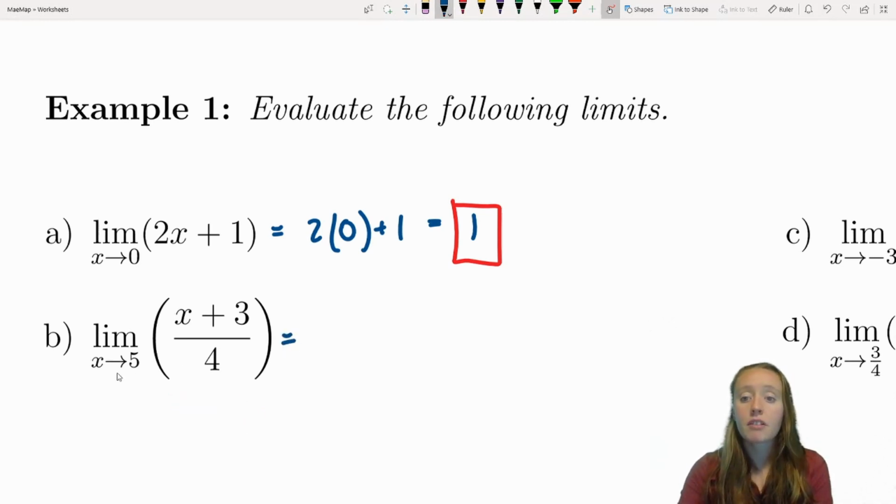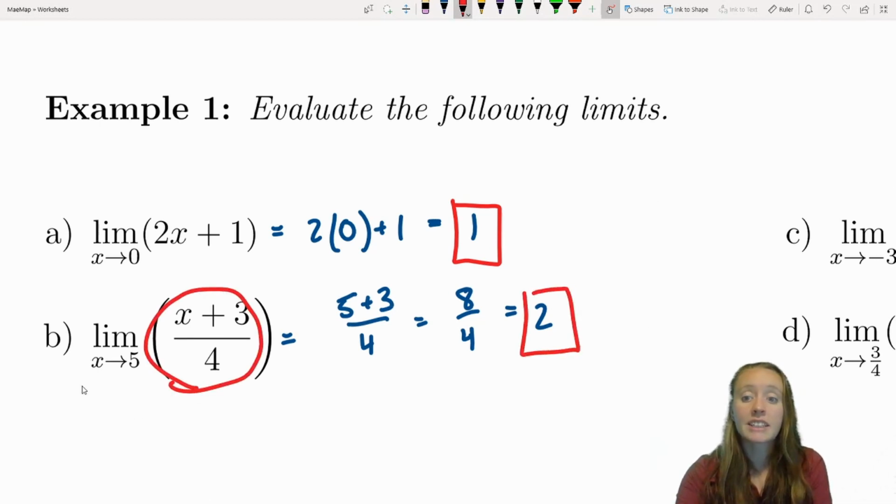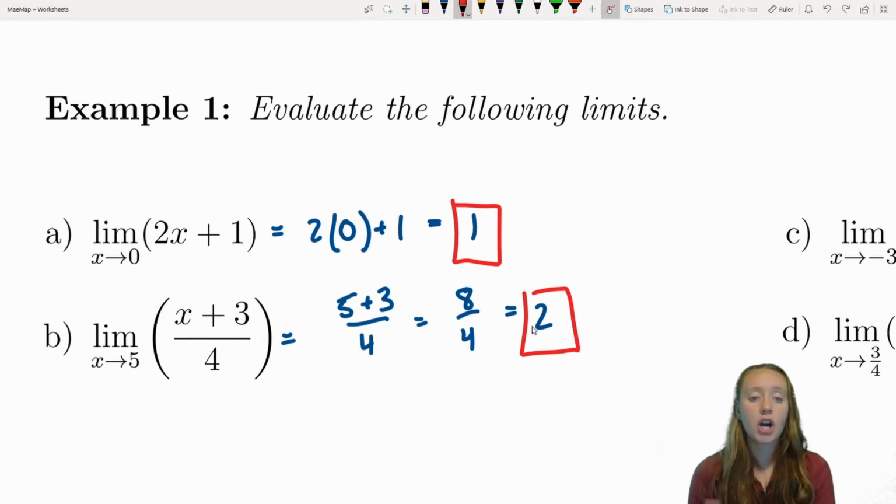I'm going to plug 5, that a value, right on in for x. So I'll get 5 plus 3 over 4, which is 8 over 4, which equals 2. So the limit of this function as x approaches 5 is 2. The function itself approaches a value of 2.